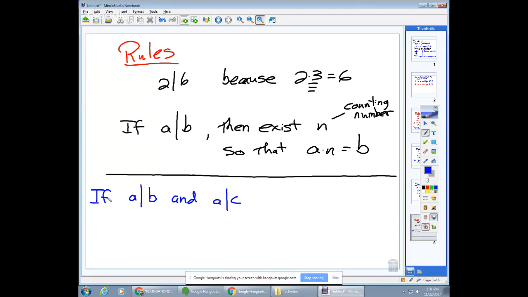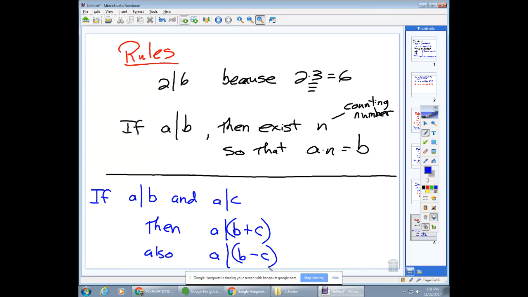So if that's true, then A is going to divide B plus C. And if we can talk about integers, also, A can divide B minus C. So we'll test that out with some examples and talk about why it works. We'll look at it a couple of different ways.